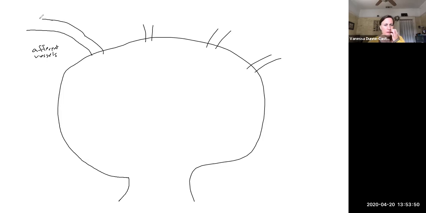Lymph that's coming in to the lymph node, and we're drawing a lymph node here, from the tissue, right?